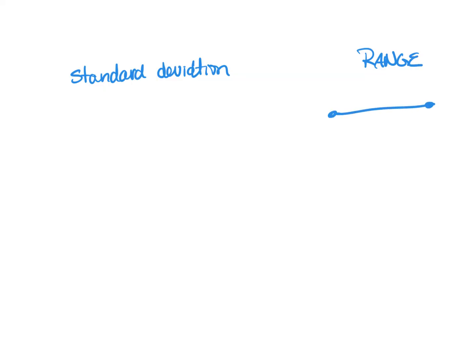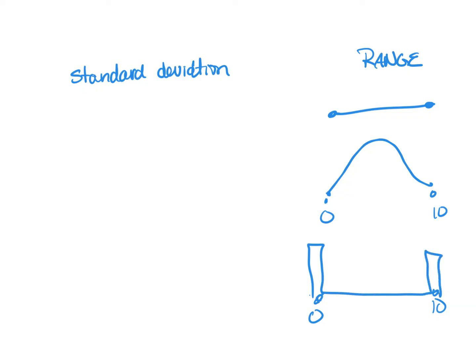But you could see that I could have a set that ranged from 0 to 10 and look like this. You could also have a set that ranged from 0 to 10 and look like this, either all on 0 or all on 10. So you can see that those are two very different sets. So we come up with a measurement called the standard deviation to tell us how far away, on average, each point is away from the mean.